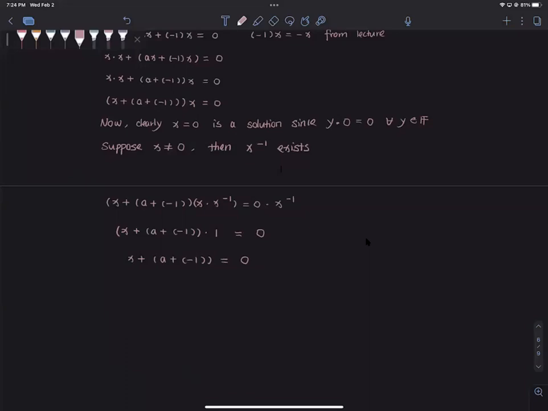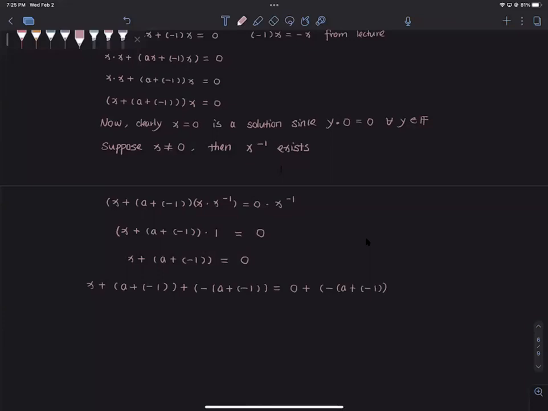Anyone? Additive inverse, right? I need to move this to the other side. Exactly. So now let's add that. Add this whole thing, plus negative of (a plus -1), equals 0 plus negative of (a plus -1).